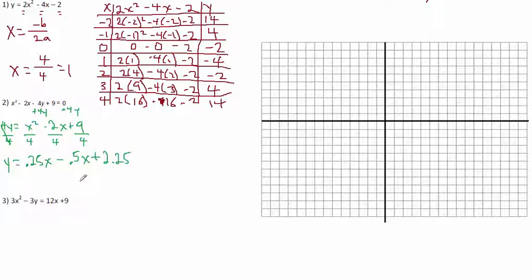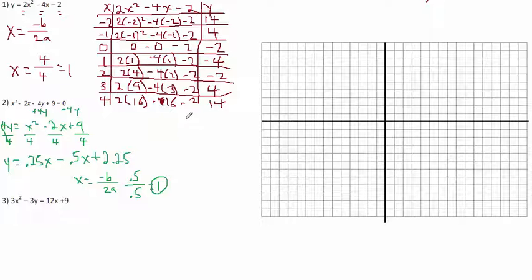Well, let's see. The turning point is x equals negative b over 2a. Negative b is negative 0.5, which is positive 0.5, divided by 2 times 0.25, which is also positive 0.5, and anything over itself is 1. So once again, just like the previous example, we have our turning point as 1.